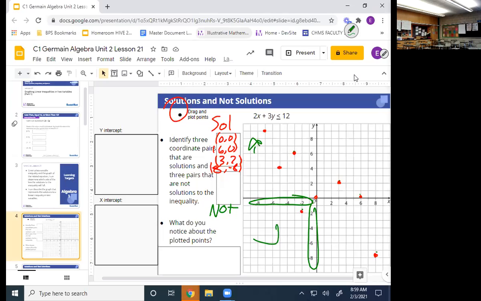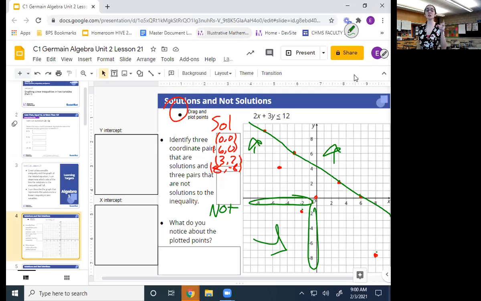A lot of them are in this bottom section down here, quadrant 3, quadrant 4. Good. The solutions all line up. So some of them line up to create a line like this. Good. Are there any points that are solutions that fall above the line?